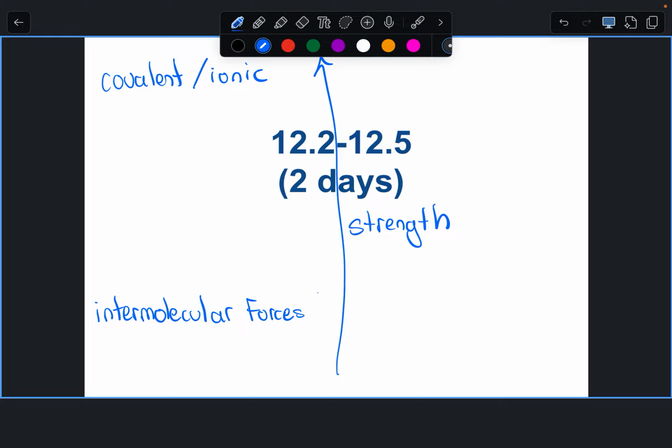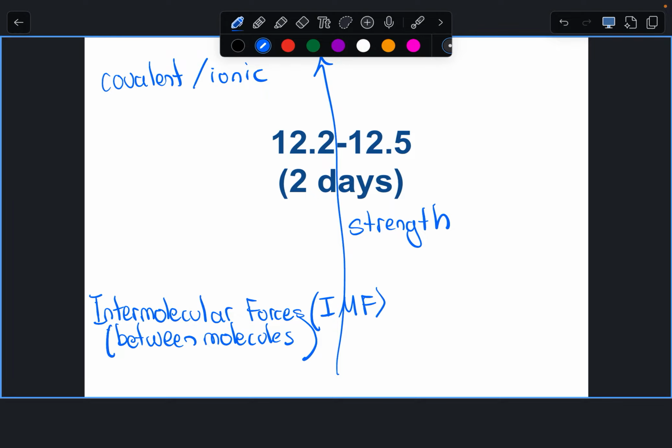I will abbreviate that as IMF pretty much from now on because it's long to write. Those are the ones that are between molecules. And these are the things that must be broken, or in the case of solid to liquid, broken and reformed and broken and reformed in order for a phase change to occur.